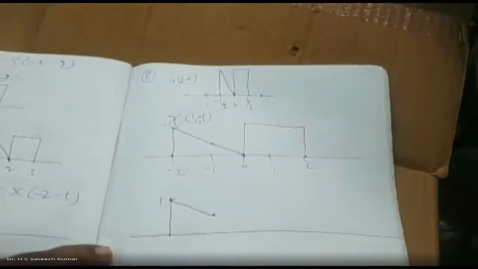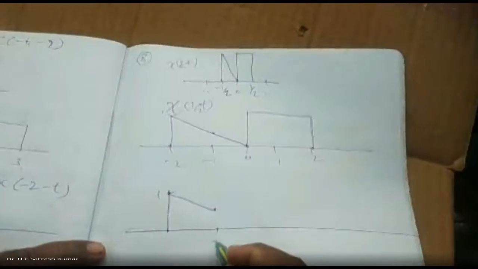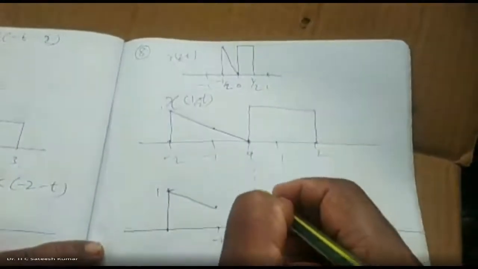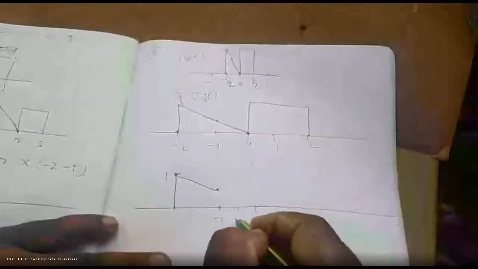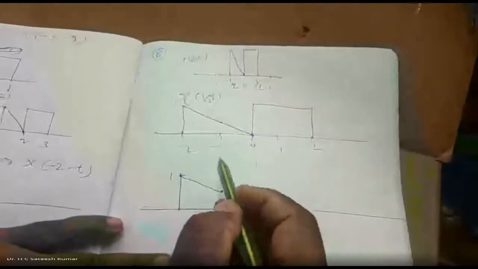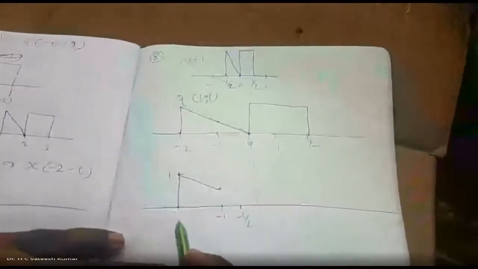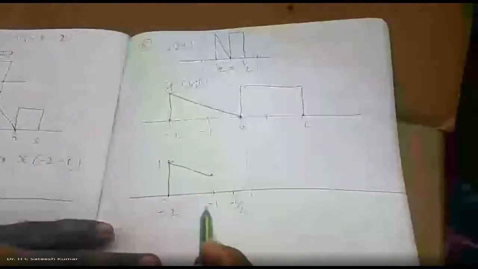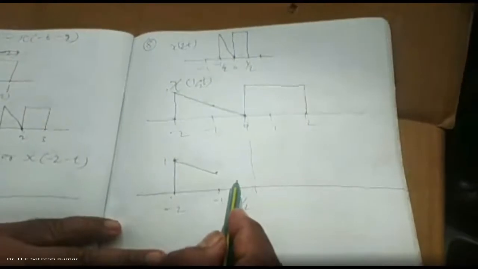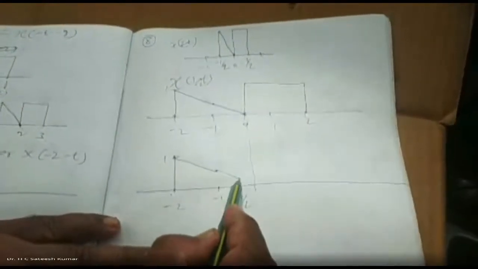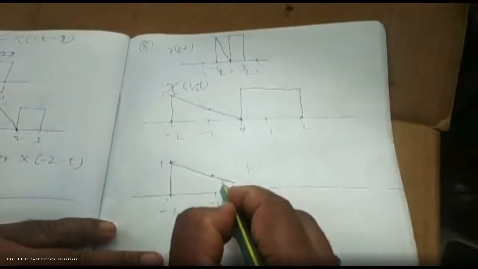Not at this point, sorry, this is at -1 only. That means almost 3/4 it has come, right? So this is -2, -1, half it will decrease. Here it will decrease the other half, but 3/4 it will decrease. Therefore, you will get amplitude as 1/4 here.